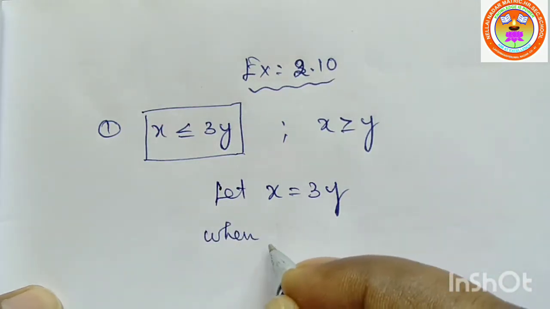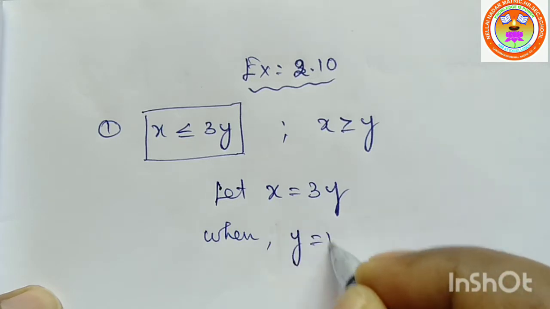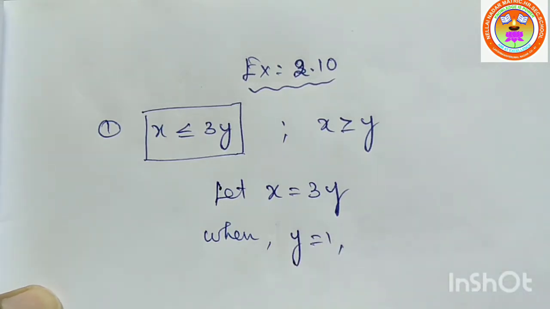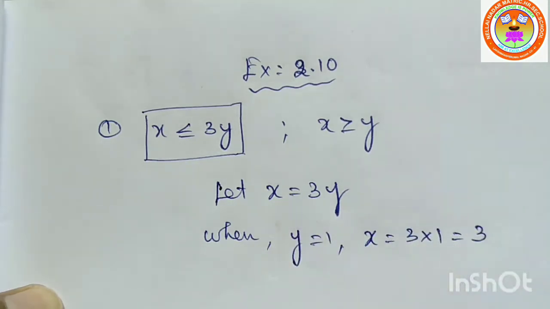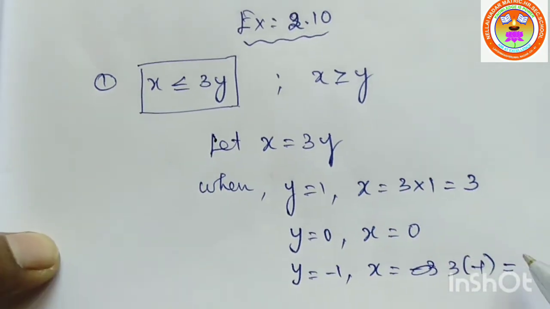When we apply y is equal to 1, x is 3 into 1, that is equal to 3. When we apply y is equal to 0, we will get x is equal to 0. When we apply y is equal to minus 1, x is 3 into minus 1, which is equal to minus 3.